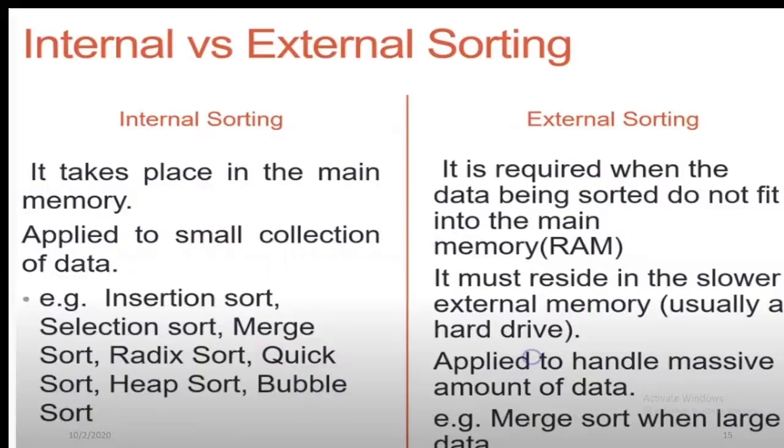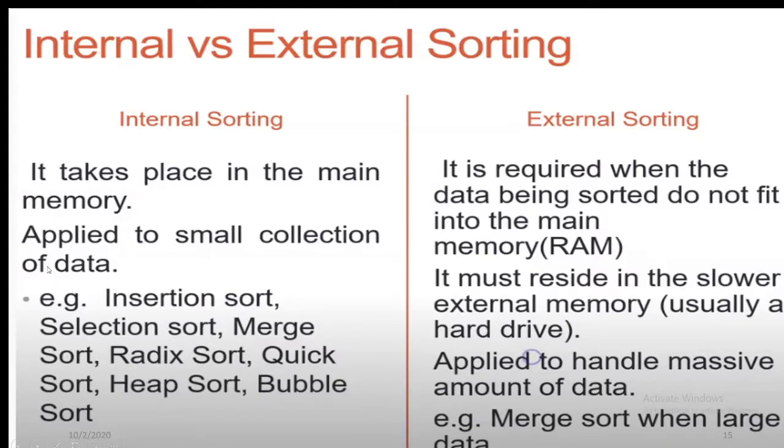Now let's discuss internal versus external sorting. This is very important. Internal sorting takes place in the main memory, within the RAM. But external sorting is required when the data being sorted does not fit into the RAM. This is the major difference.